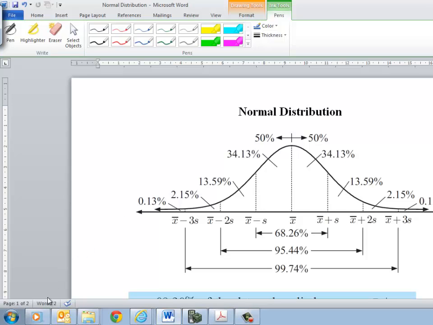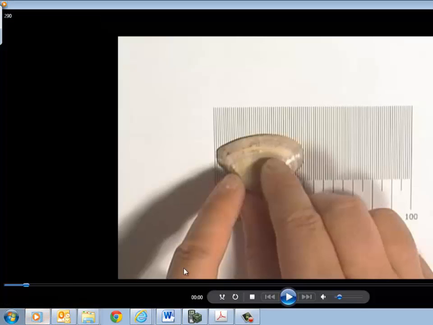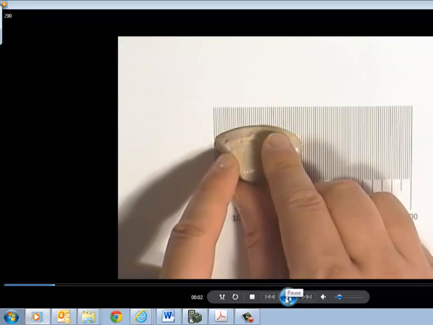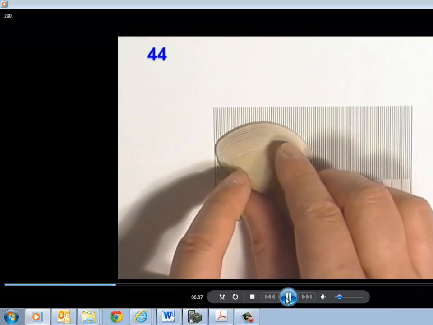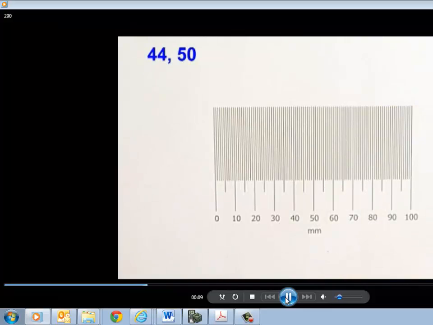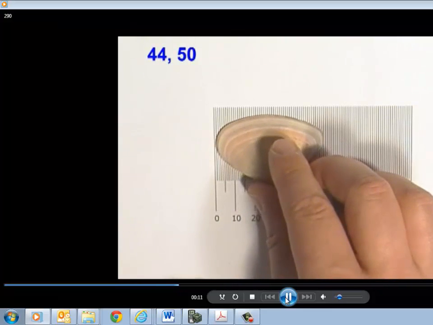Now just want to show a little clip here that goes through the idea of a normal distribution. All right. So obviously what we're doing here is we're measuring cockle shells. All right, so we're just taking a tally of those things.